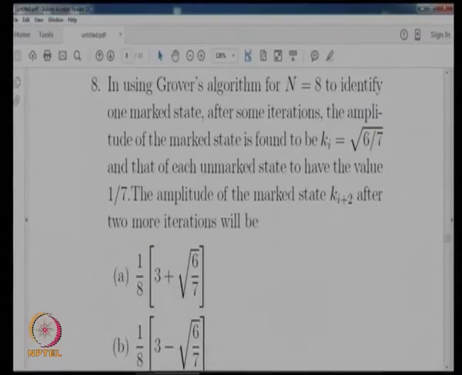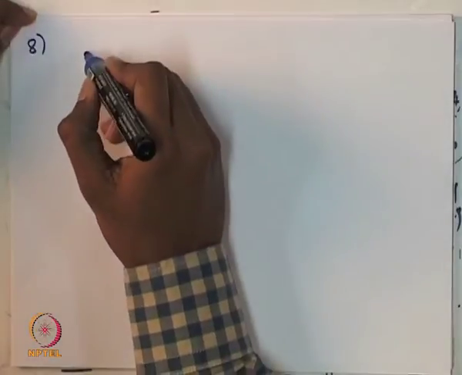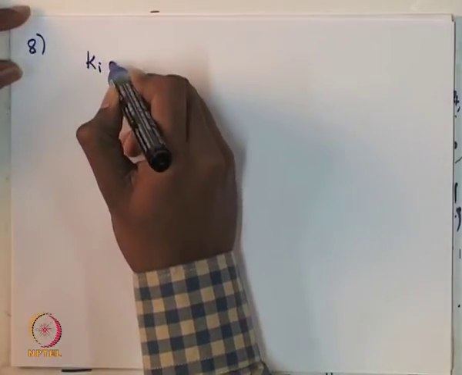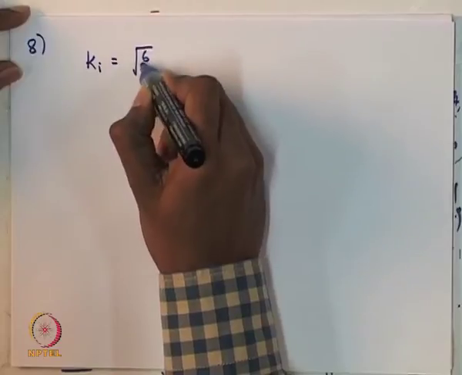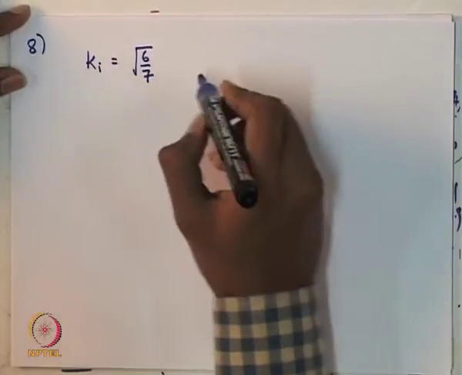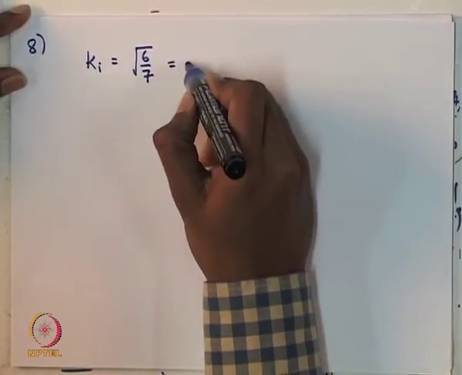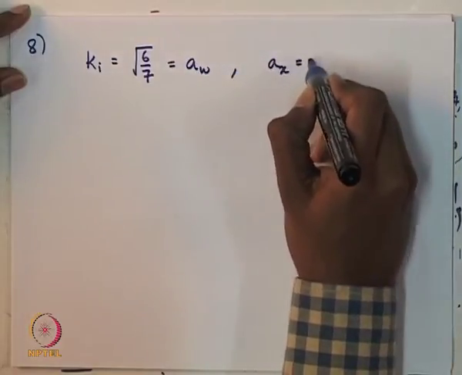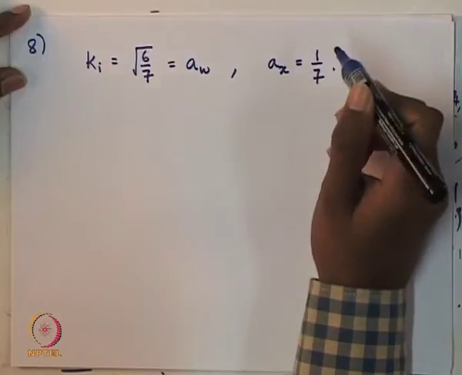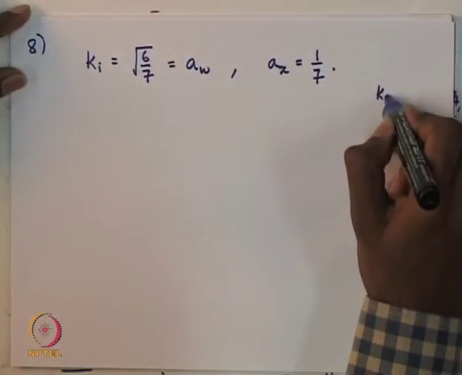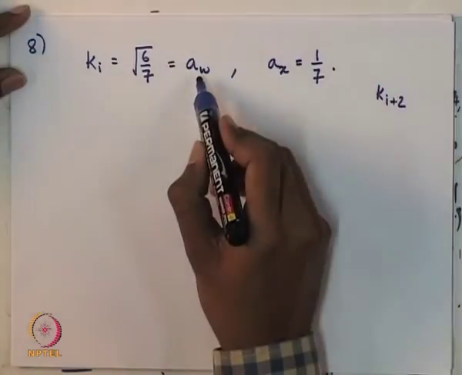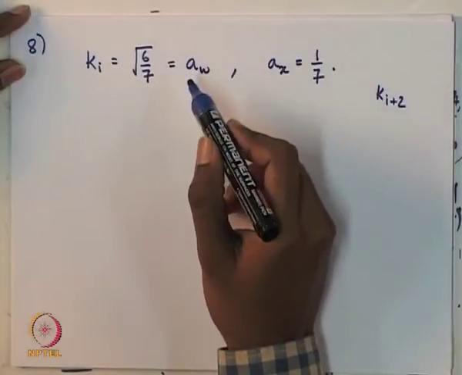So, we have that k_i, which is the amplitude of the marked state, as root 6 by 7, which we can consider as AW, and all other AX is 1 by 7. What we need to find is k_(i+2), that is the amplitude of the marked state after 2 iterations.